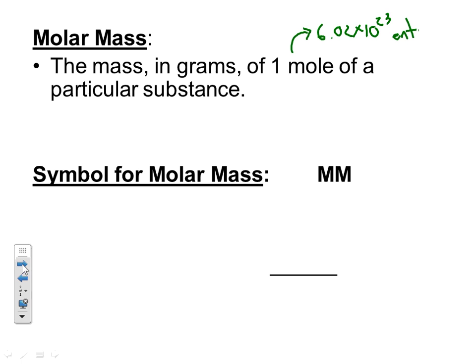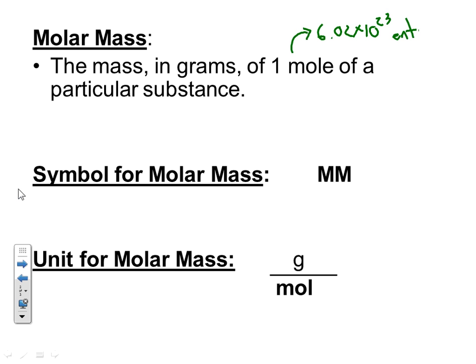So, let's bring up the rest of this little note here. If we're going to be doing calculations, we're going to need some symbols to recognize these things. And we're going to use the symbol MM to represent molar mass. 2 capital M's makes good sense, molar mass. Now the unit for the molar mass, you can see kind of comes from the definition.